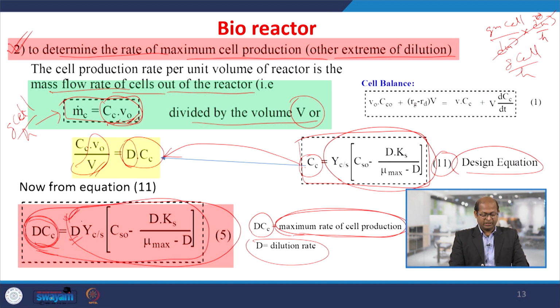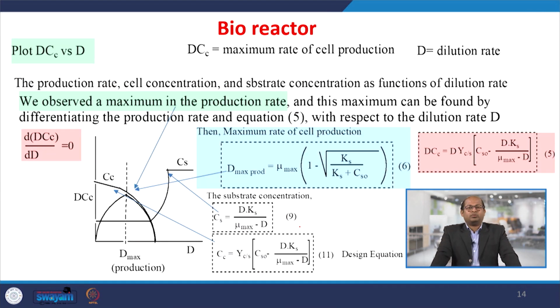If we know the dilution rate, yield coefficient, substrate concentration, and the coefficients in the Monod equation, then putting them in the right hand side of equation 5, we can get the maximum rate of cell production inside the reactor. This equation gives the maximum concentration of the cell inside the reactor, and multiplied with d, we get the maximum rate of cell production.